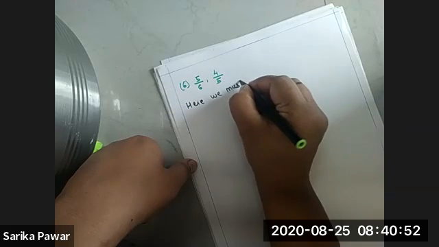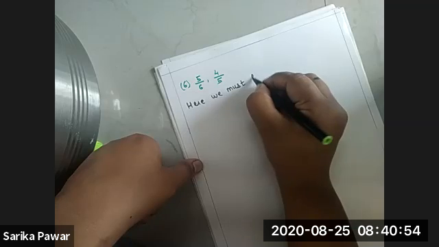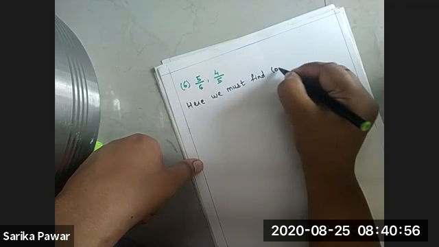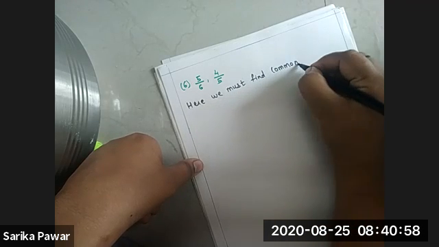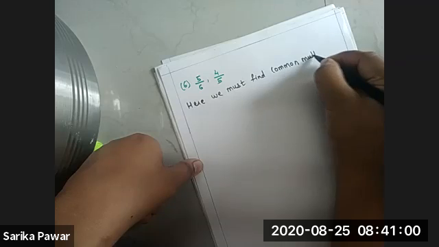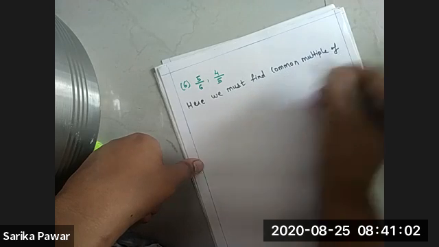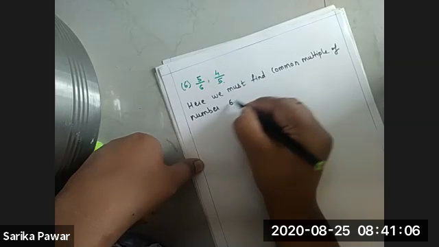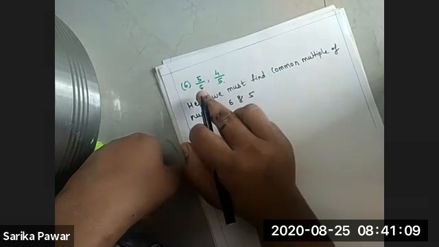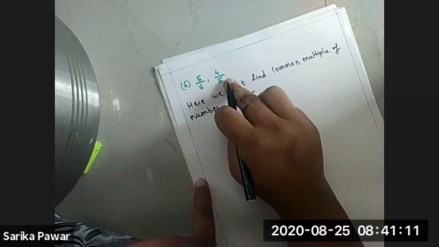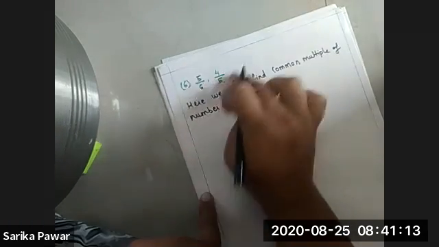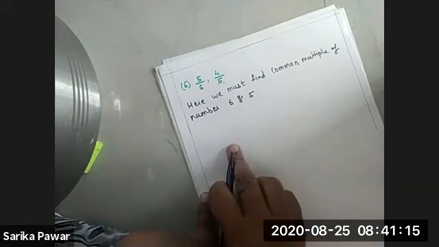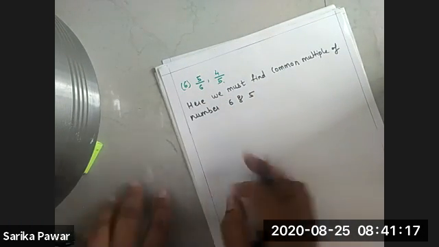Here we must find the common multiple of the numbers 6 and 5. Here the denominator is 6 and here the denominator is 5. So the given fractions are unlike fractions, and we have to convert them into like fractions.